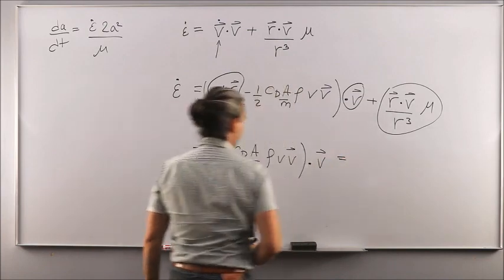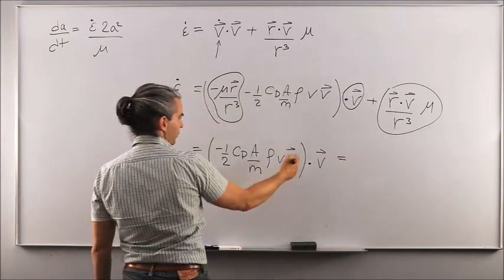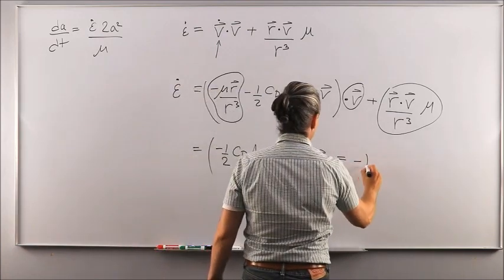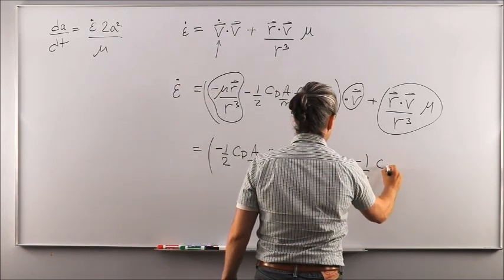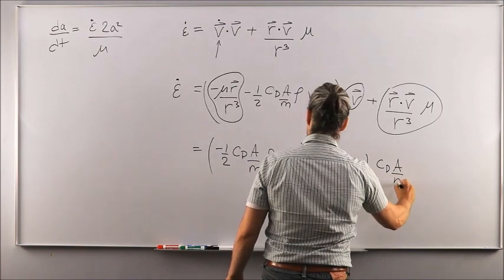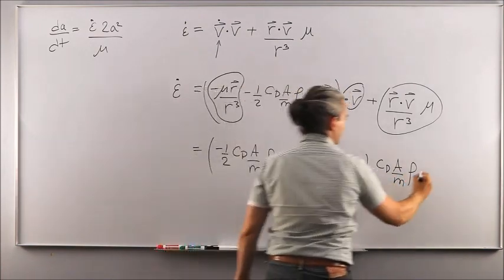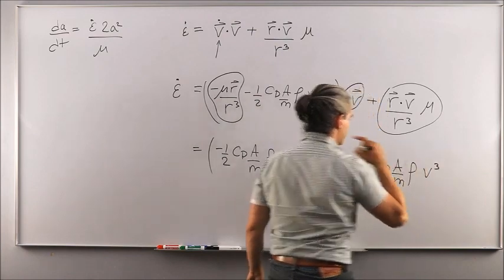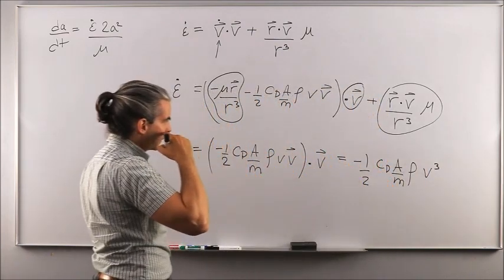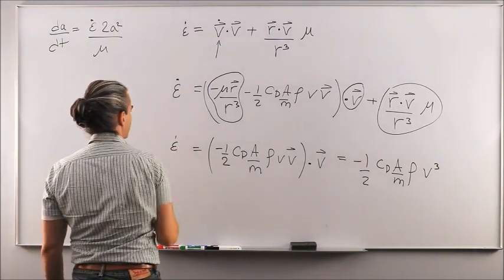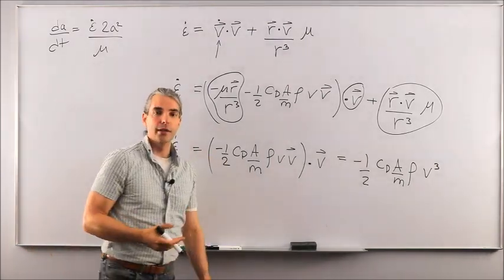And you know by now that a dot product of a vector with itself is just its norm squared. So I'm going to write that it is minus 1/2 CdA over m rho v squared times v, which gives us v cubed simply. And all this is for E dot, but yet that's not what I was looking for.